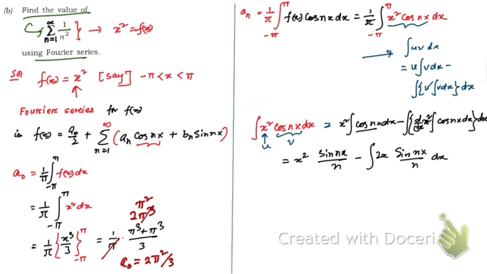Now again here we are going to apply the same rule. If you repeat this rule here, the final result will be like this, taking x as u and this one as v, right?